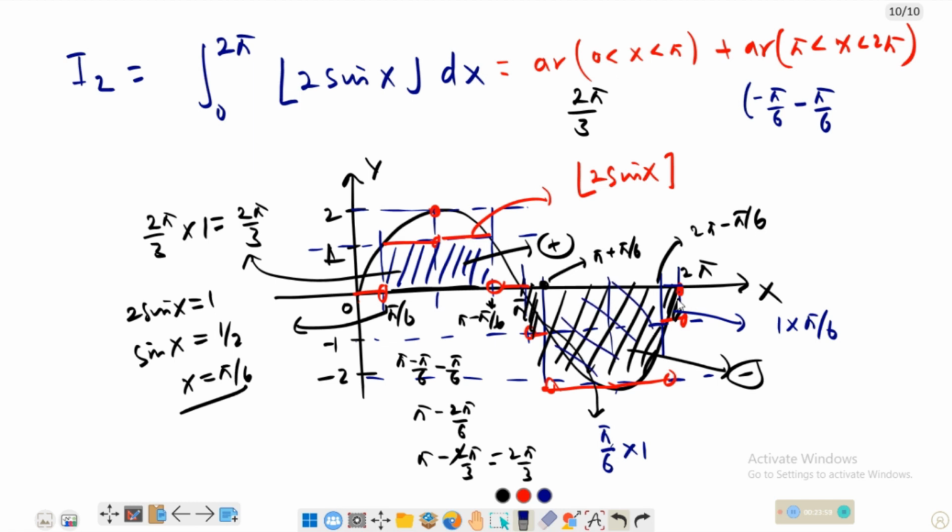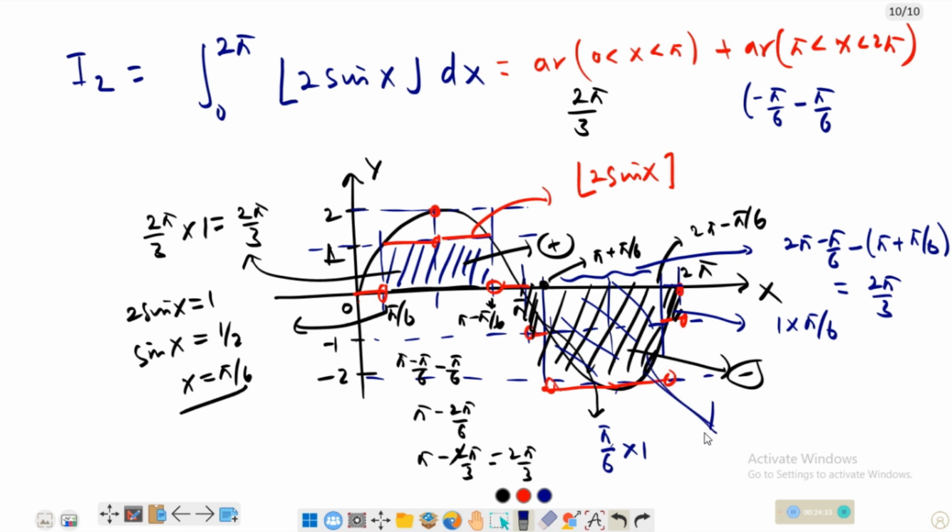For this integral, the length is 2 pi minus pi by 6 minus pi plus pi by 6, which is pi minus pi by 3, equal to 2 pi by 3, and height is 2.